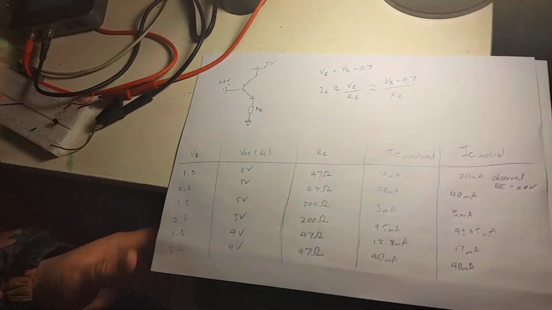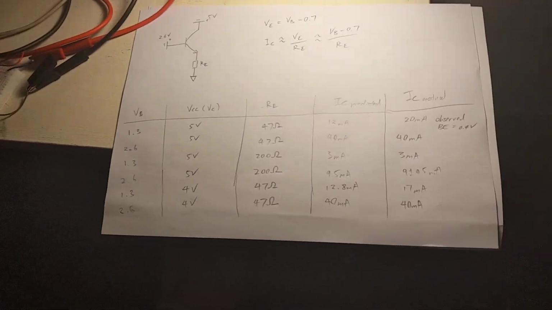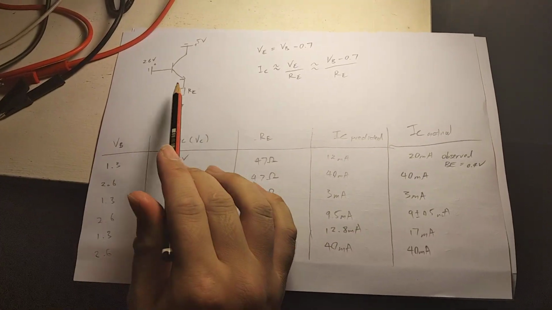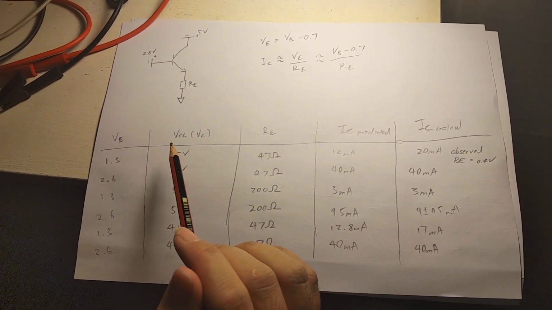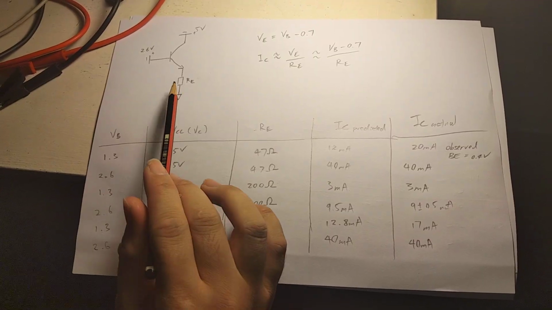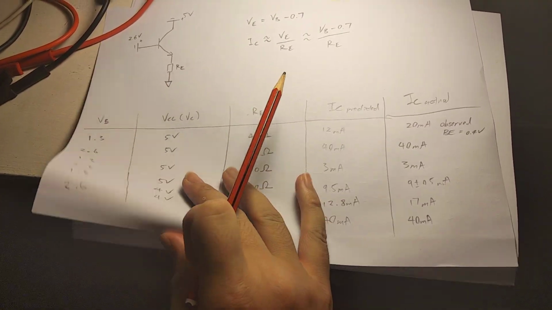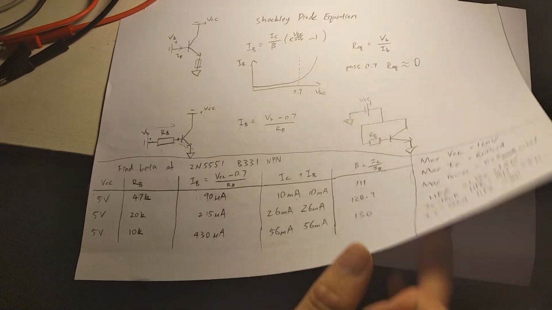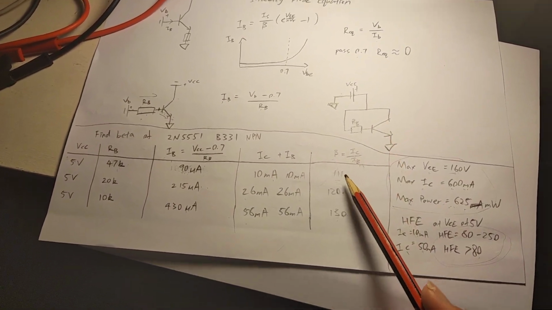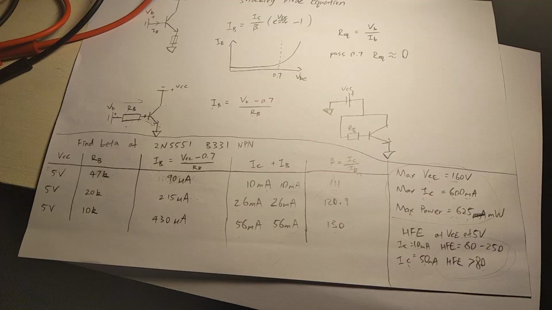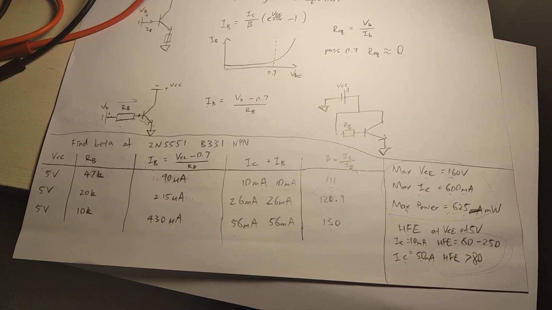Okay, so here we're trying to demonstrate the effect of using emitter degeneration to stabilize the calculation for the collector current. In a previous experiment, I demonstrated that beta varies unpredictably when the conditions of the circuit change.